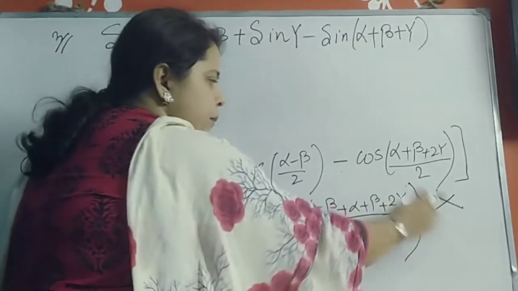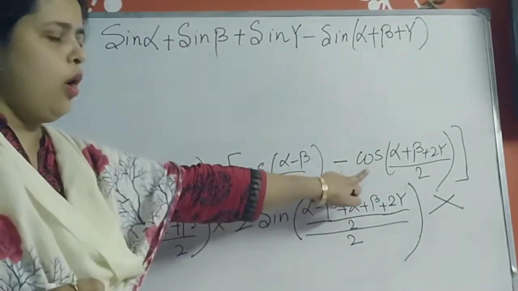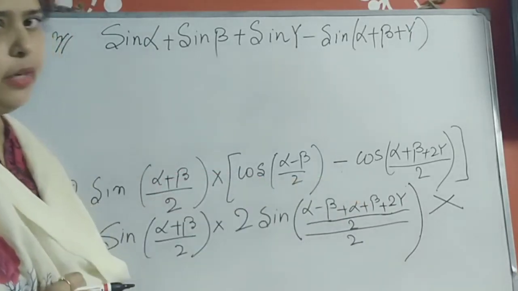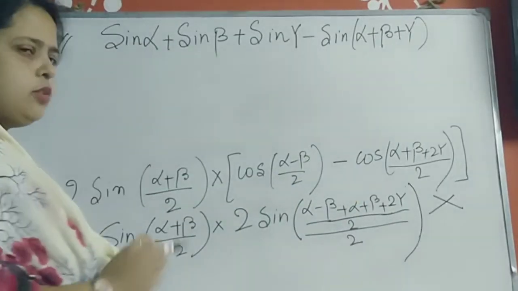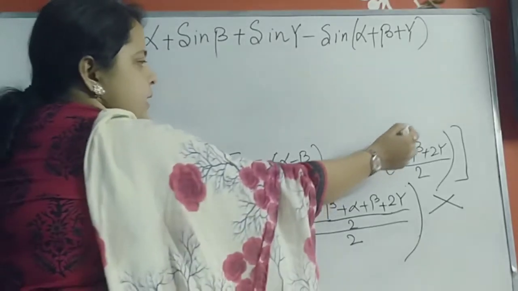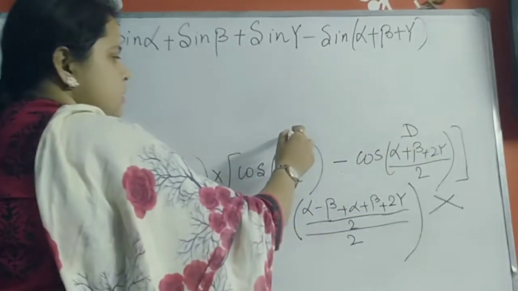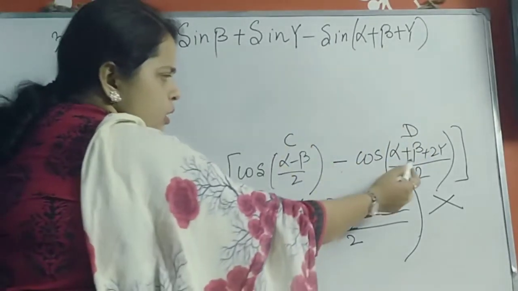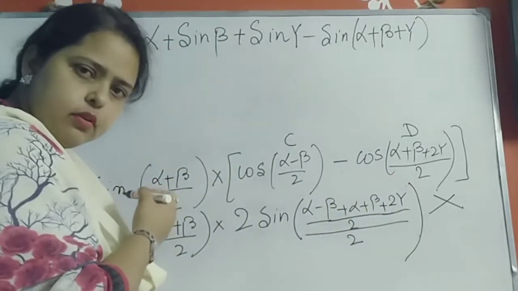Okay, multiply 2 sin (D minus C) by 2. So let's do it orally. This is D, this is C, as I told you. So D minus C, fine.